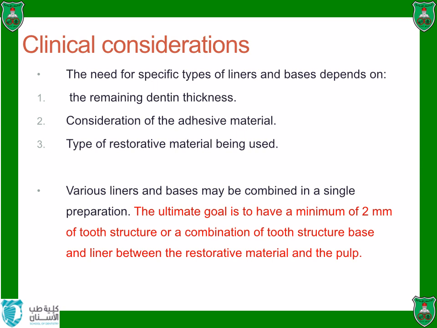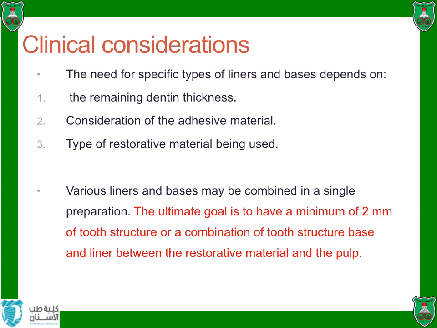The ultimate goal for us is to have a minimum of 2 mm of tooth structure, or a combination of tooth structure, base and liner, between the restorative material and the pulp. So if we don't have 2 mm of remaining dentin thickness, we need to create this 2 mm with a combination of liners and bases.